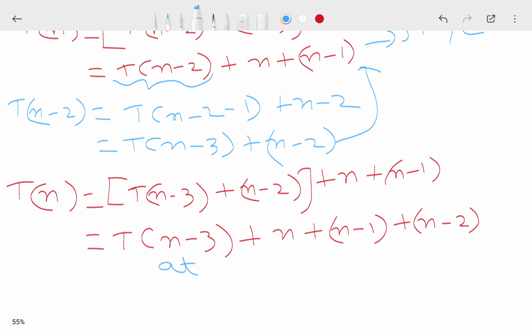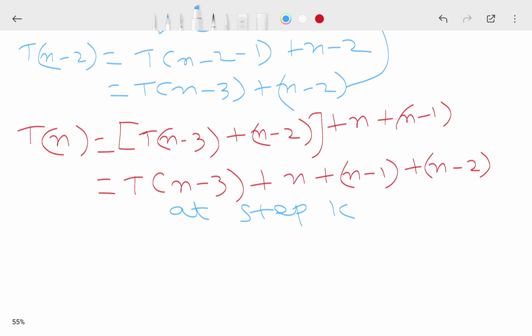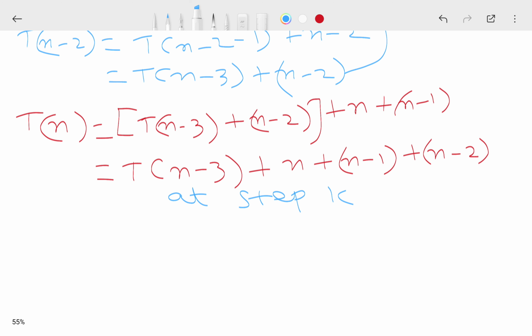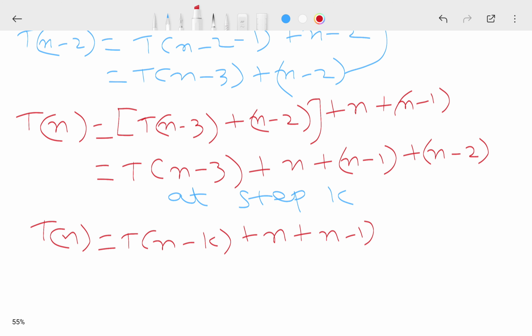So at step k, T of n value will be T of n minus k plus n plus n minus 1 plus n minus 2, and in between there will be n minus 3, n minus 4, n minus 5, something like that.